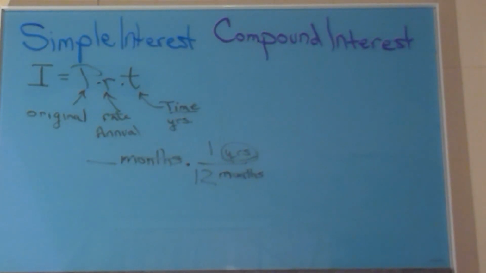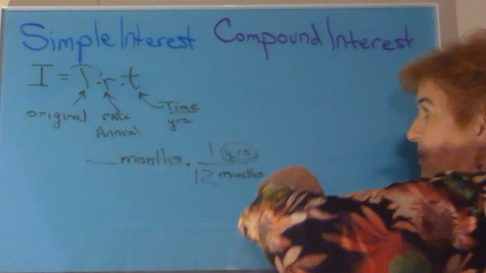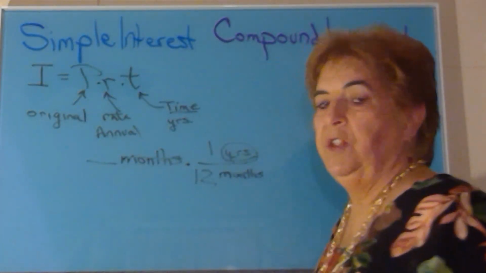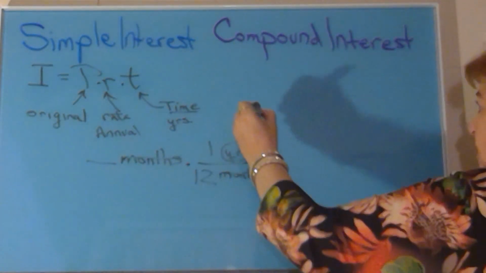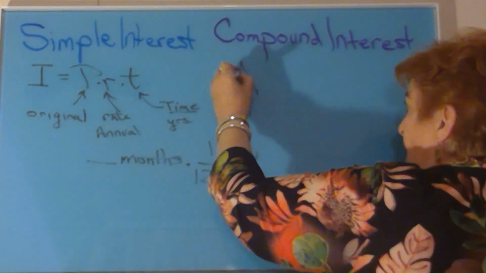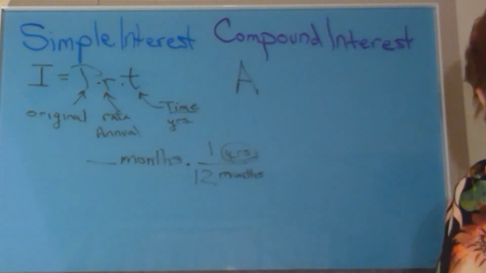Okay, compound interest, the formula actually is different from simple interest. The simple interest tells you how much interest you've accumulated. The compound interest tells you how much you have in the account, the amount of money in the account.